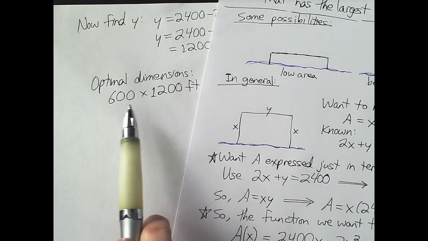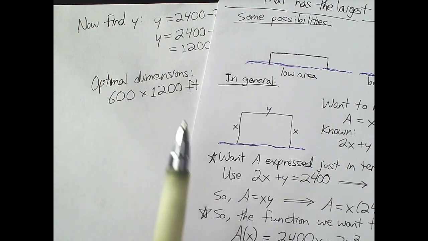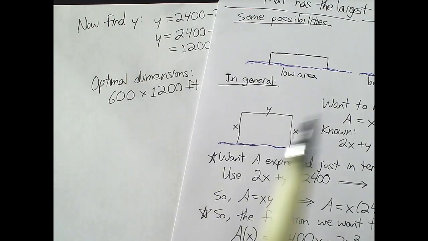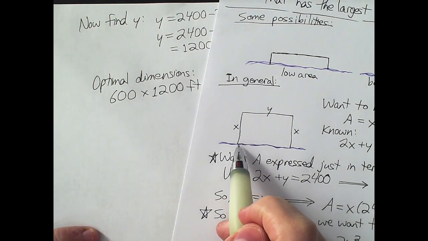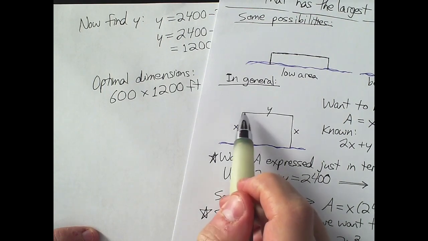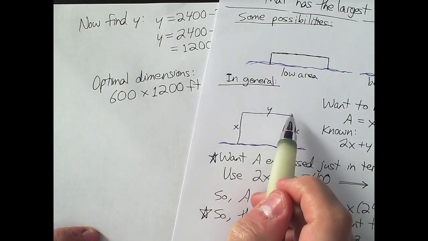There's one more thing I want to include in this answer, though. If somebody in real life was trying to build this fence and they said, I've got 2,400 feet of fencing, there's a straight river, I need to know the best way to make this fence. If you just told them to make it 600 by 1200, they still need to know which one is 600 and which one is 1200.